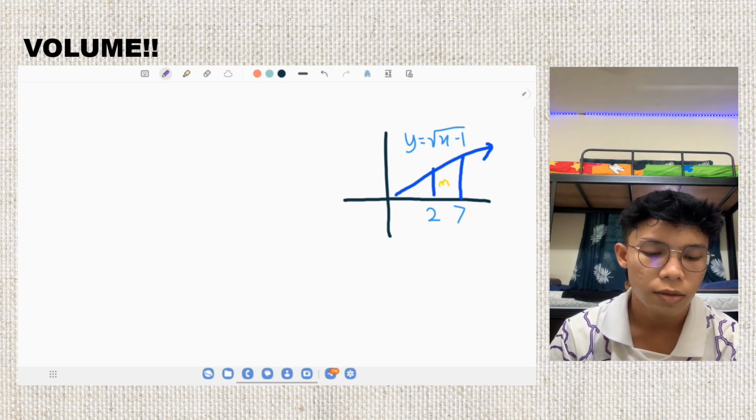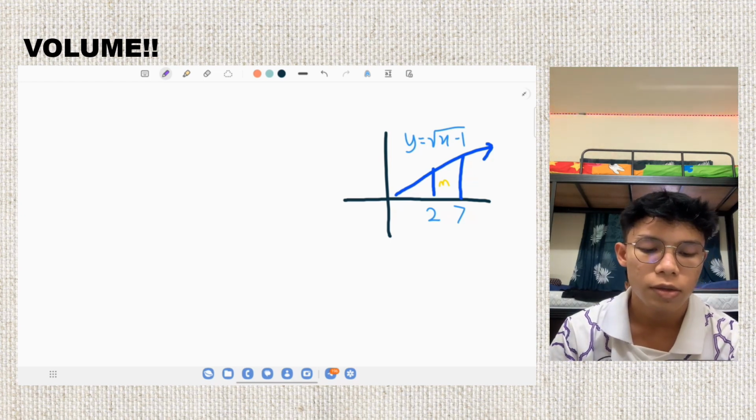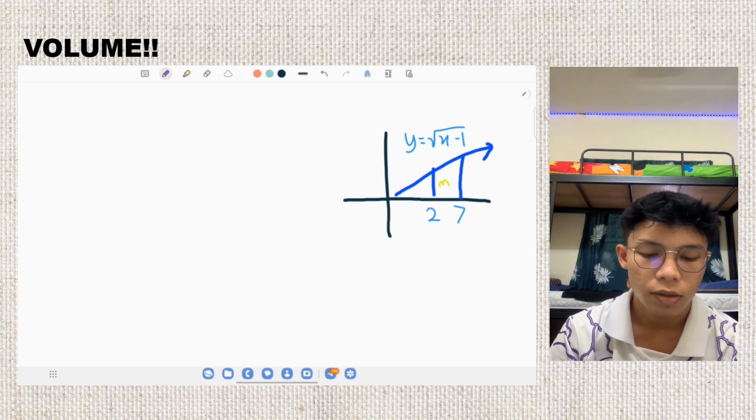Okay, this doesn't seem so bad. We can see that there are a bunch of different sizes of circles here, and those are changing as we move along the interval, but what's consistent is the radius.